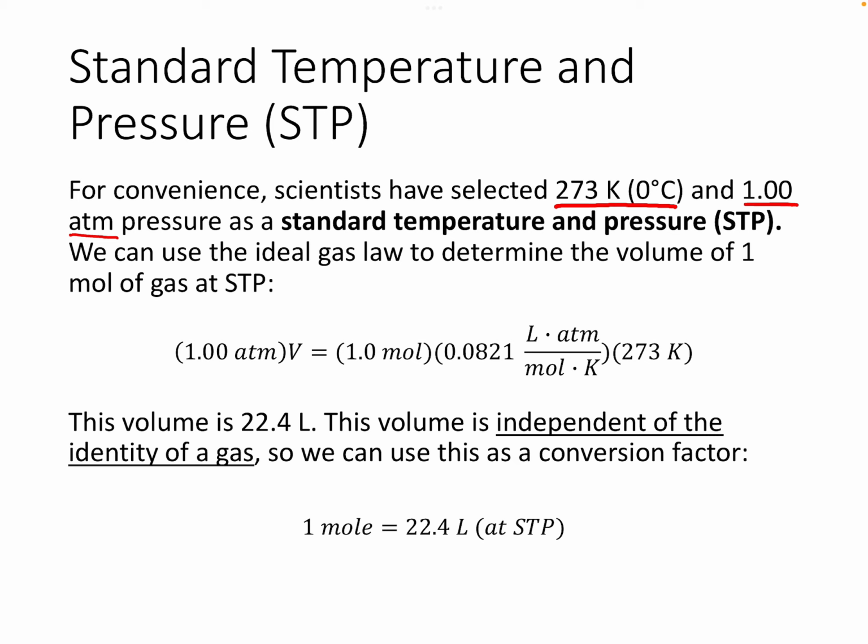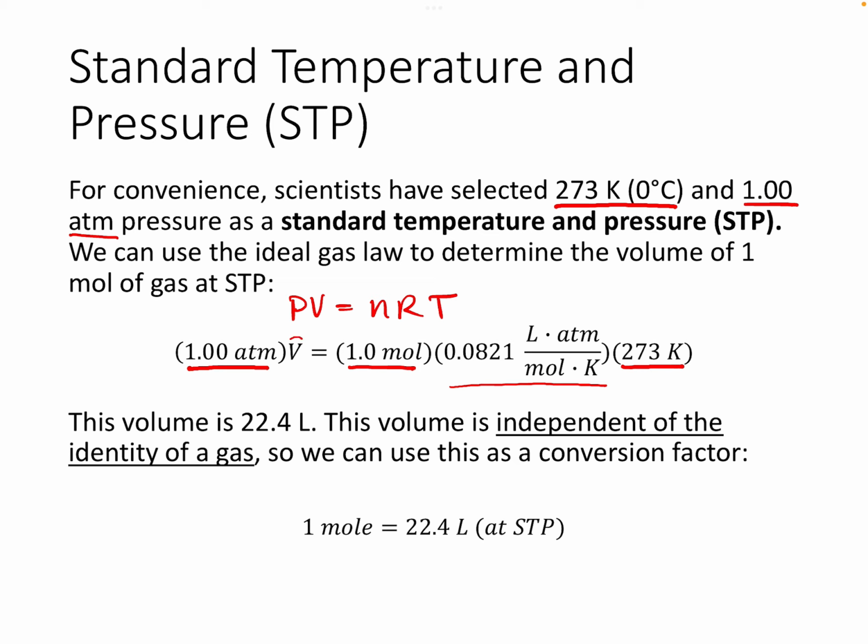So let's say we've got our PV equals nRT equation. We can plug in that standard pressure, 1 atmosphere, our standard temperature, 273 Kelvin, and then let's assume we have 1 mole of gas. And then we've got our ideal gas law constant, R.